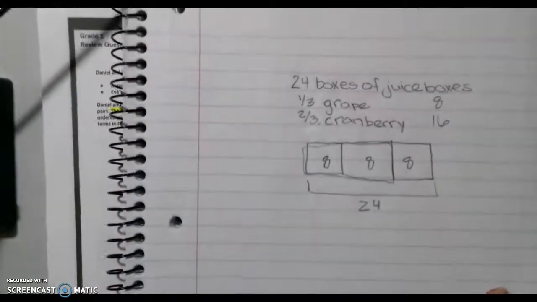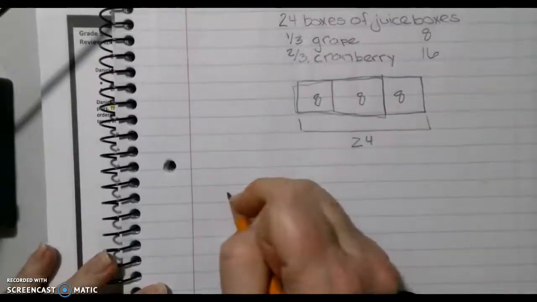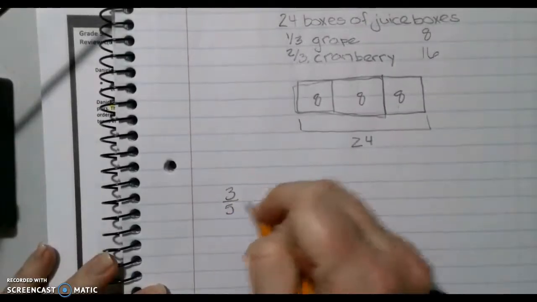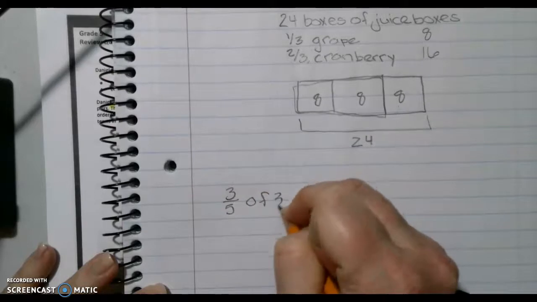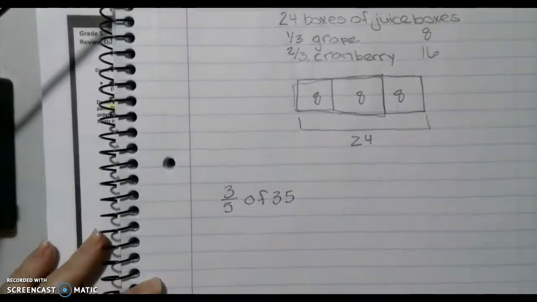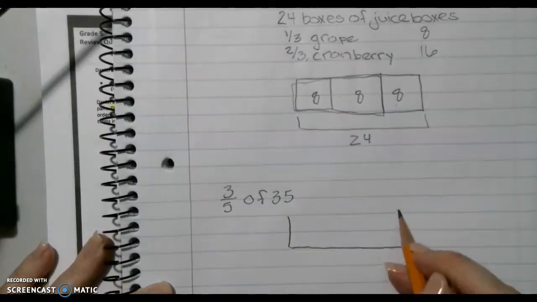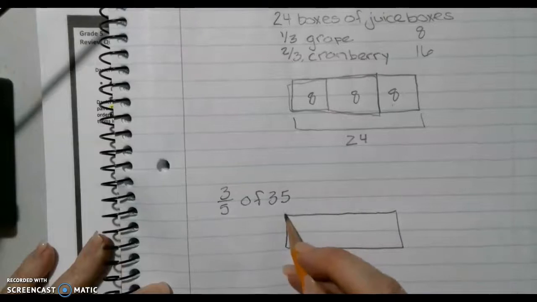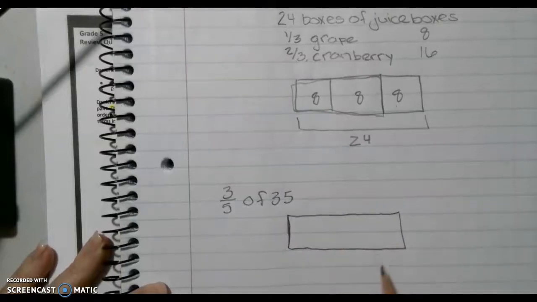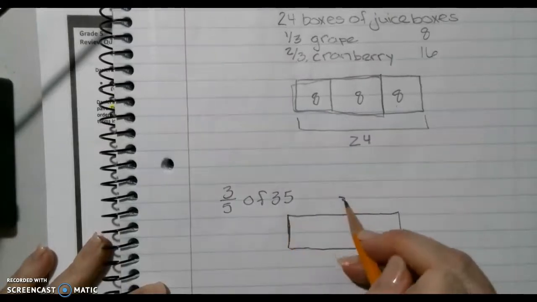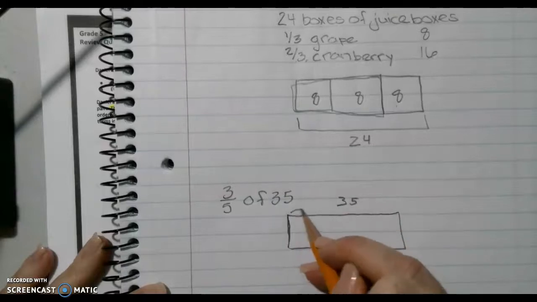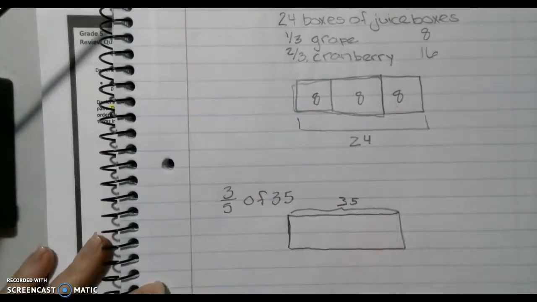Okay, the first one we're going to do today is 3/5 of 35. So we're going to draw our bar model. And we know that this whole is going to be 35.